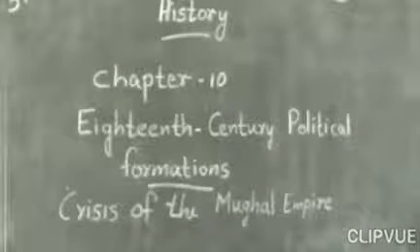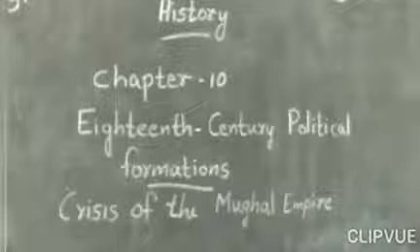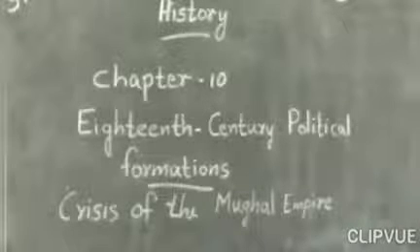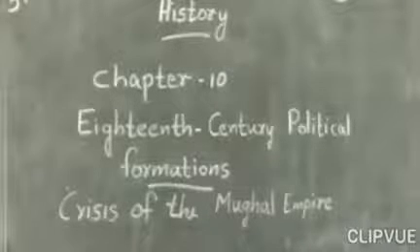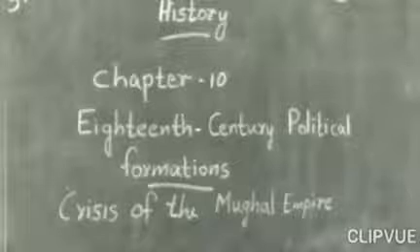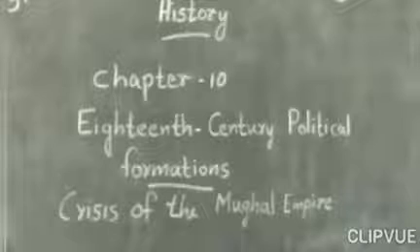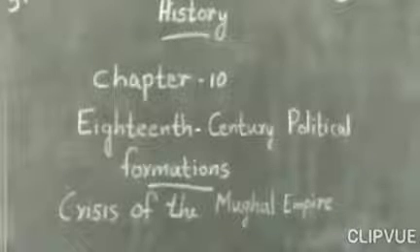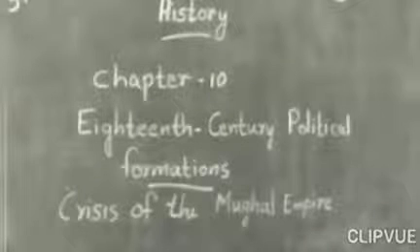Then another reason, in the later Mughal period, peasants and Zamindars' rebellions increased in many parts of northern and western India. Another cause is that the peasants and Zamindars rebelled.